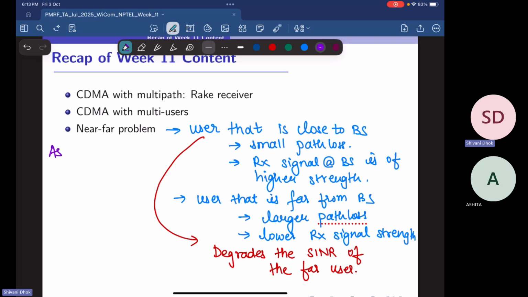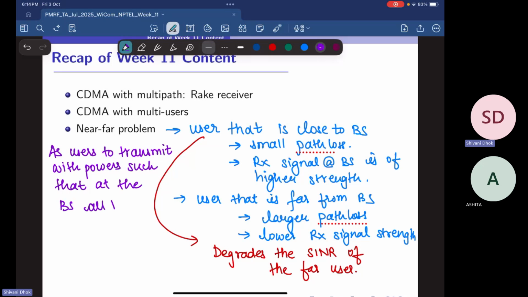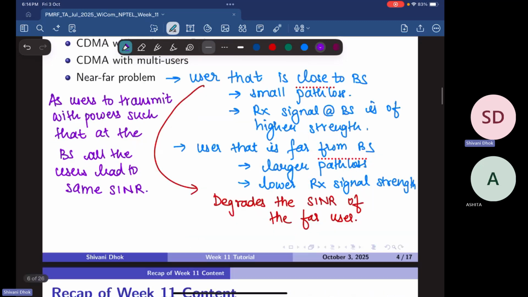So ask users to transmit with powers such that at the base station all the users lead to the same SINR. So this is the near far problem that comes up in CDMA, and this is how we tackle it.